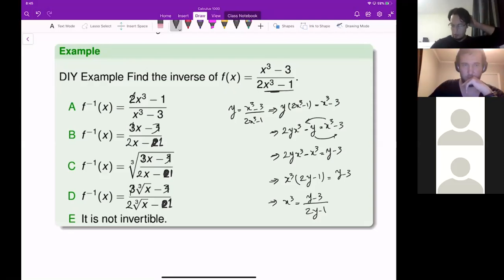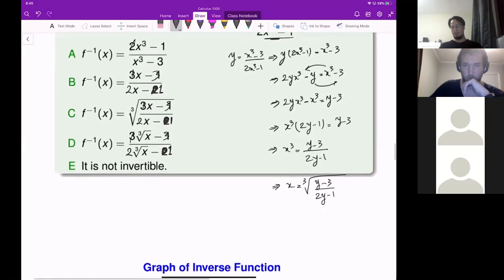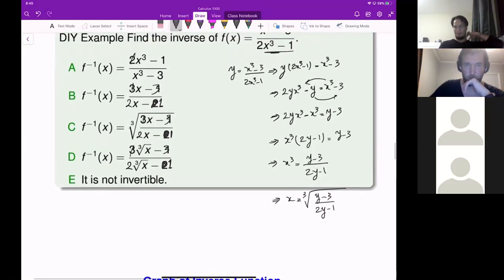Okay, so we solved it for x cubed, but what we are looking for is x. To do that, we need to take the third root of that guy. Okay, I know where this mistake came in.